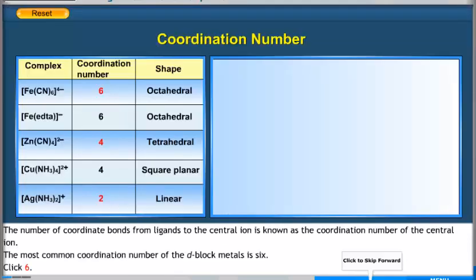The number of coordinate bonds from ligands to the central ion is known as the coordination number of the central ion. The most common coordination number of the d-block metals is 6. Click 6.